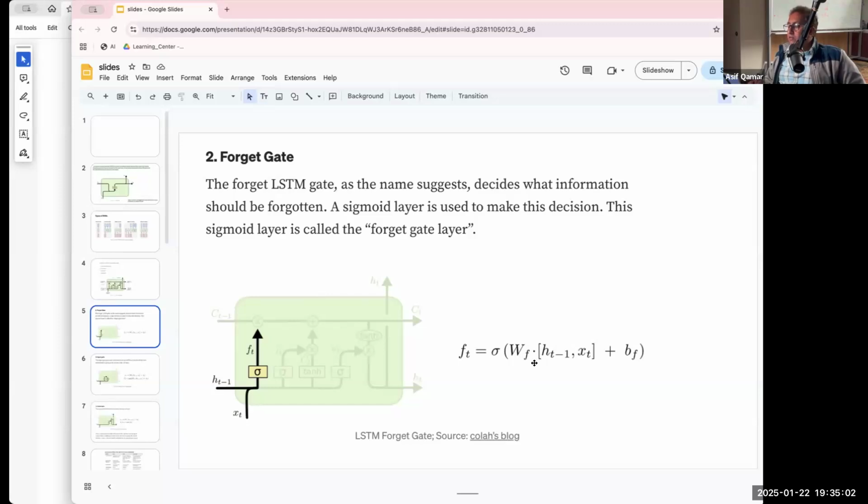So it's a function of the previous hidden state and the current input, multiplied or concatenated with the weight, which is the learnable parameters in this neural network, and then with some bias, and then the sigmoid applied over that. So that's the way you read this function or equation, right?